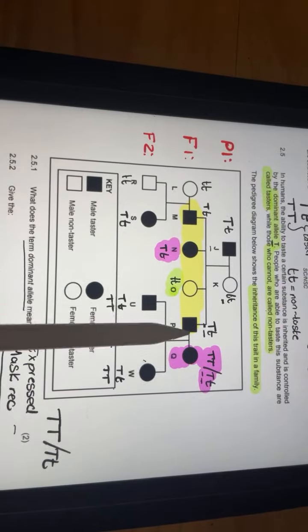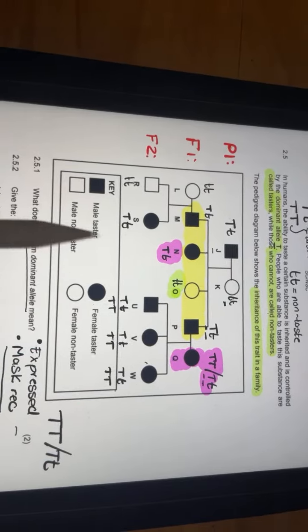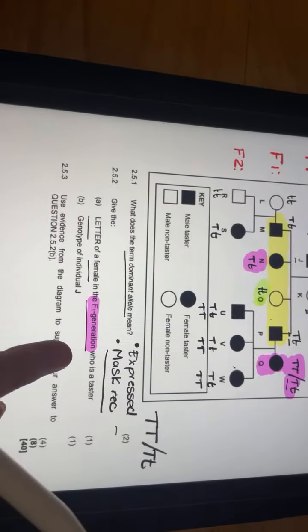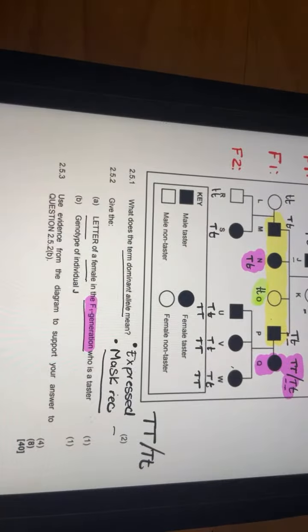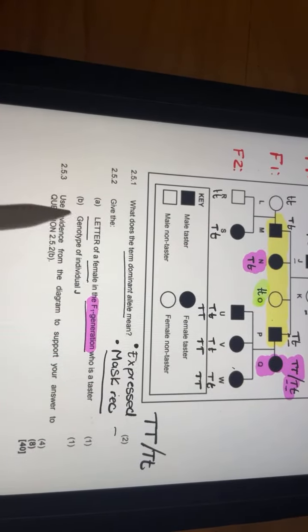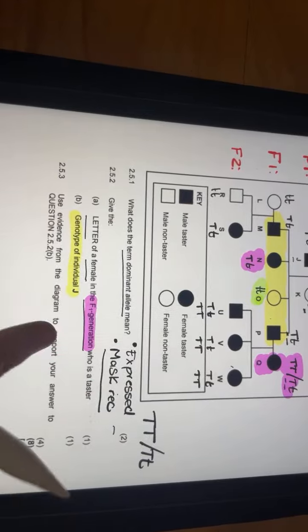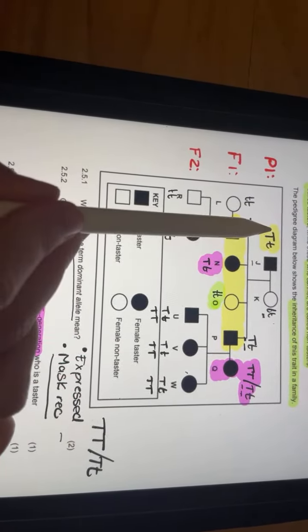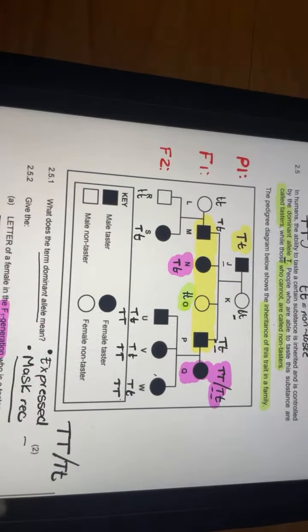These are the offspring. So your answer needs to come from one of these four children. So the letter of the female in the F1 generation who is a taster is going to be N. Next one, the genotype of individual J. Well, we've already calculated J. Here he is up here. Big letter T, lowercase letter T.